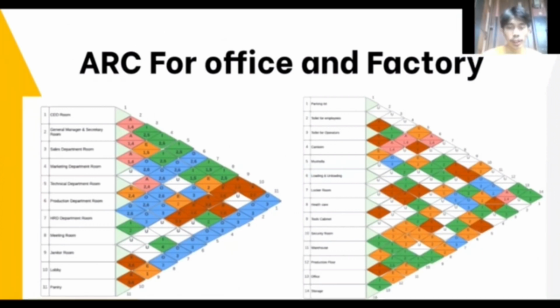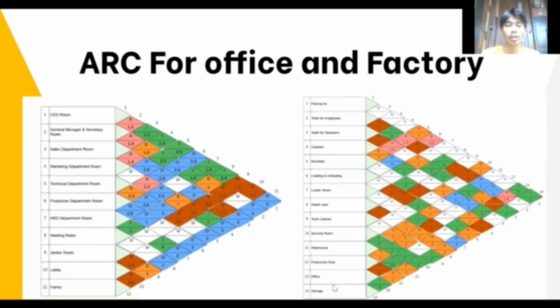Next is ARC for office and factory. ARC, or Activity Relationship Chart, is a tool that we use to determine and put a relation code for each pair of departments. In this project, we will make two ARCs: the first is for office, the second is for factory.